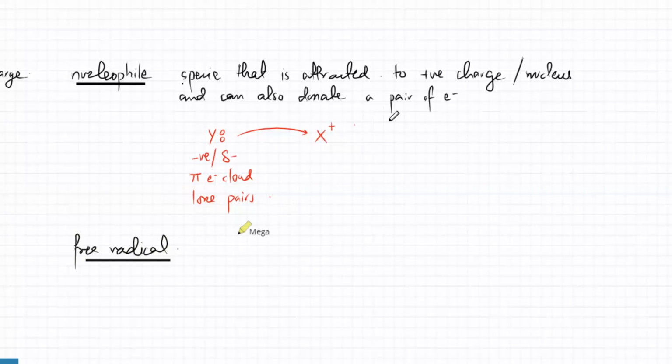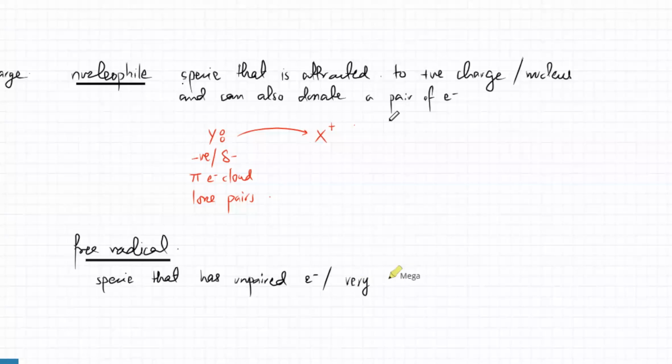It's simply a species that has unpaired electrons. So it's got unpaired electrons. What that basically means is that when it's got unpaired electrons, it's very reactive. Basically, what that means is that its bonds are not complete.